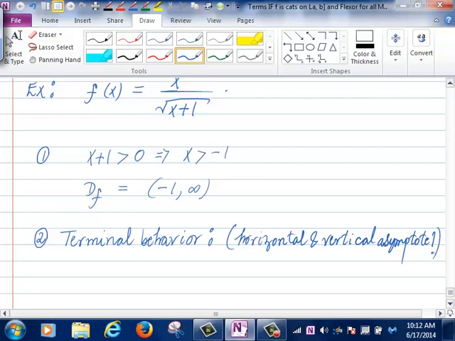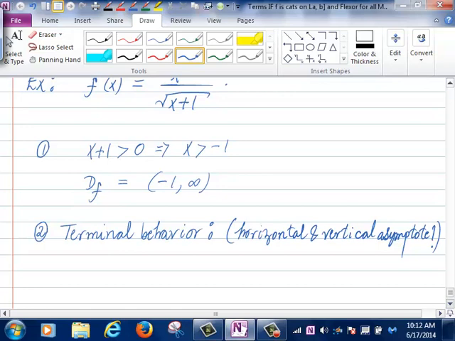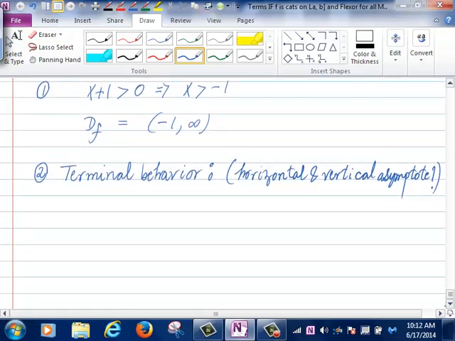So this will also tell you if there are any horizontal and vertical asymptotes. So let's see how we could decide this. Basically, if I want to know how the function behaves near -1, I want to know the limit as x goes to -1 from the right side, because it doesn't make sense to ask what happens as x approaches -1 from the left.